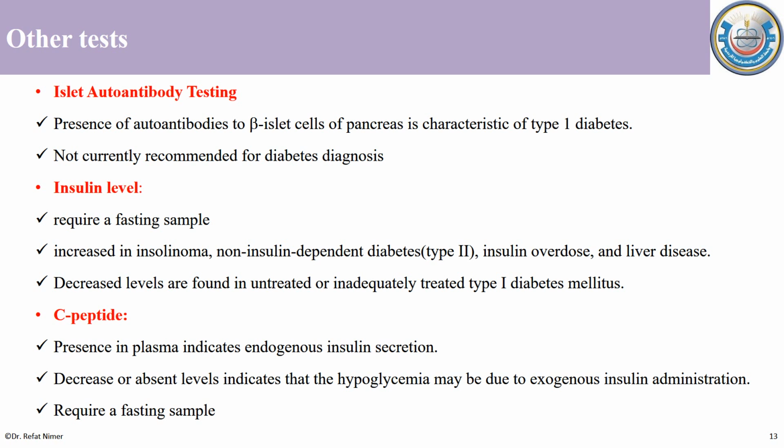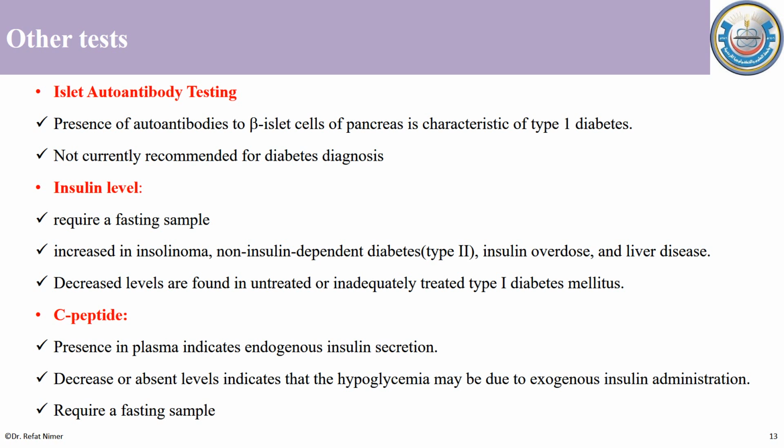So a high C-peptide level means that the insulin in your blood is the endogenous form, not the exogenous or synthetic form. Decreased or absent levels indicate that hypoglycemia may be due to exogenous insulin administration, and this test requires fasting. So it is very important.